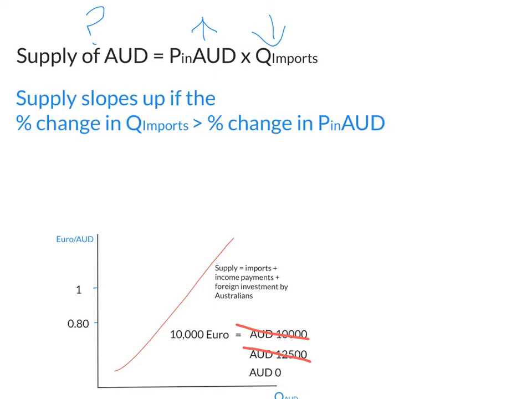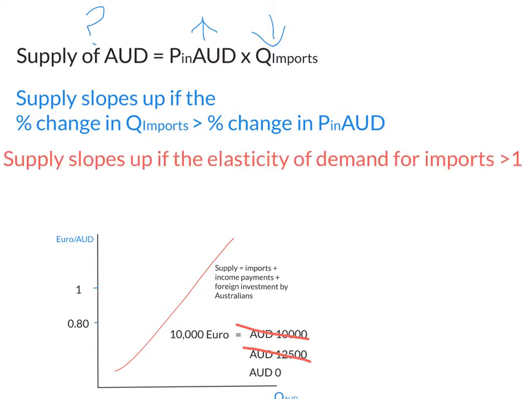What we mean is that the percentage change in the quantity of imports has got to be bigger than the percentage change in the price of those imports in Australian dollars. But hang on, we've seen something like this before. This is our elasticity formula. If you've seen our earlier videos, then you'll know that this is the same as saying that supply slopes up if the elasticity of demand for imports is greater than 1.